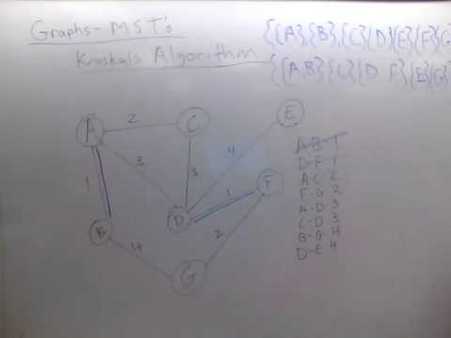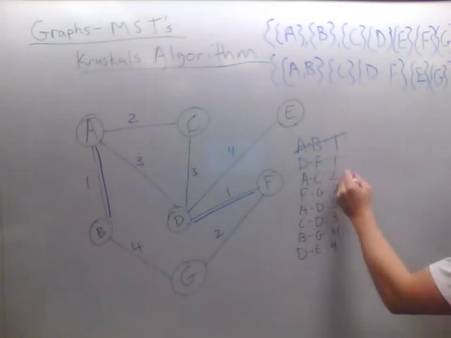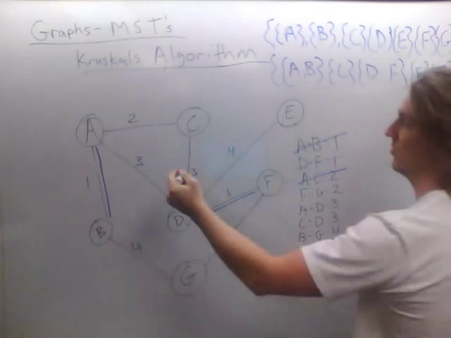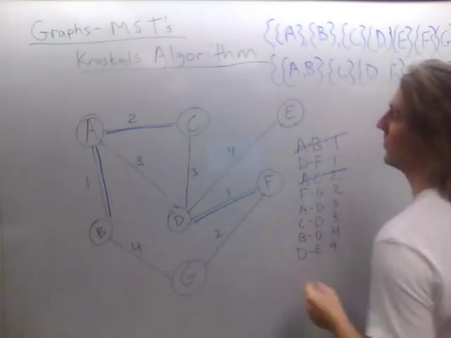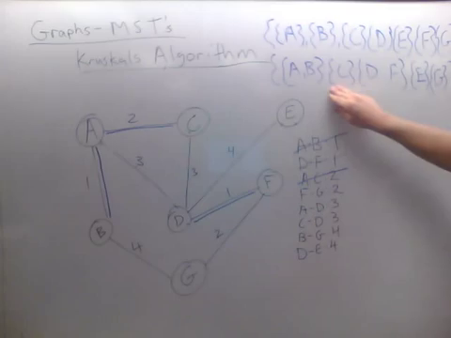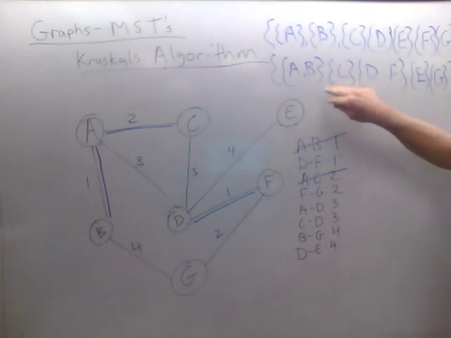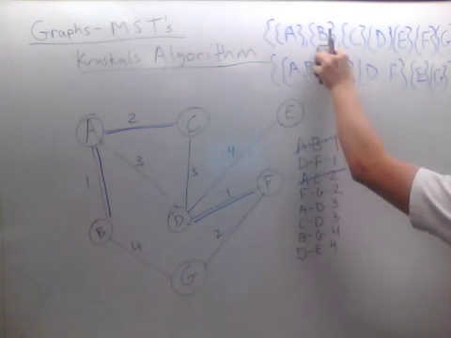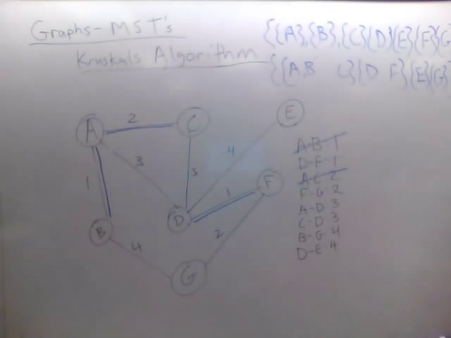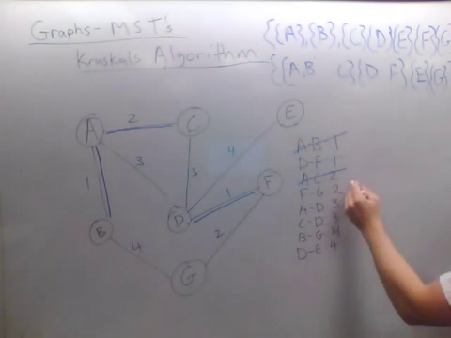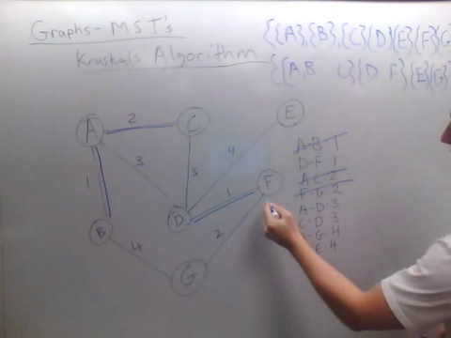Okay. So we continue the algorithm, AC with 2. So we're now adding this edge. C and A are in different sets. They won't cause a cycle. So we'll go and add that edge. We add the next edge, FG, costs 2.